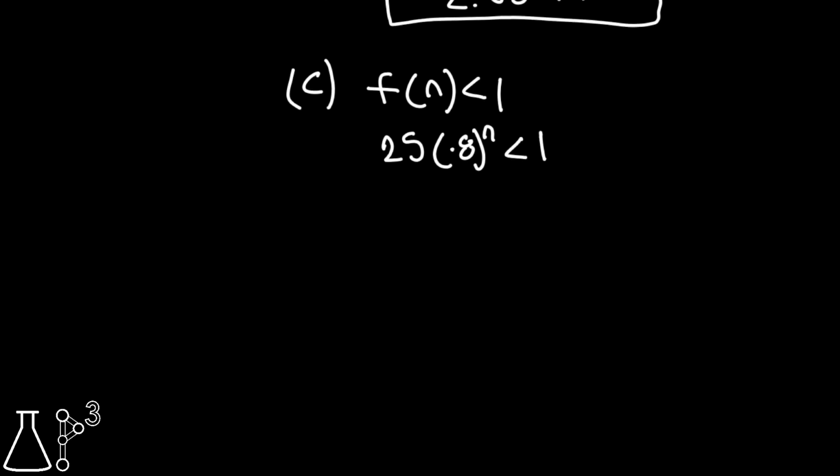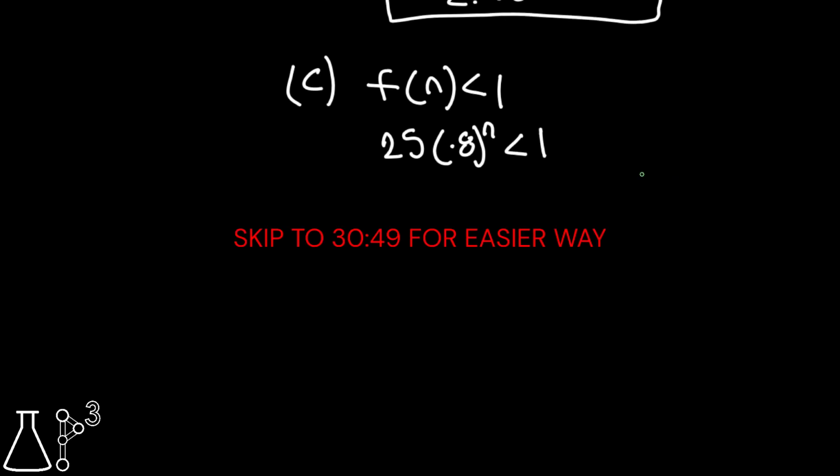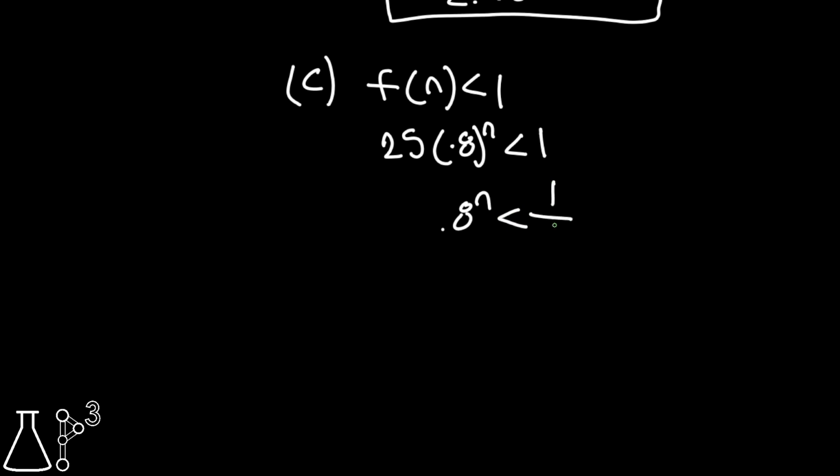So we're going to scroll down. Now, what we do here is we have to solve for n, right? So 25 times 0.8 to the n, right? We're going to divide 25 on both sides here. So you're going to divide it by 1 over 25.